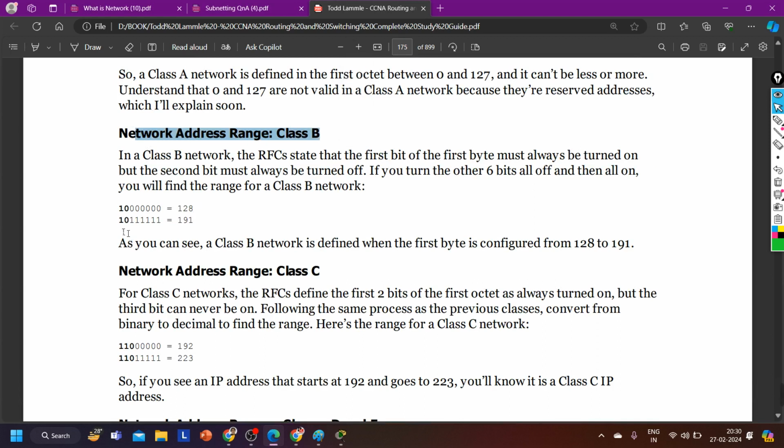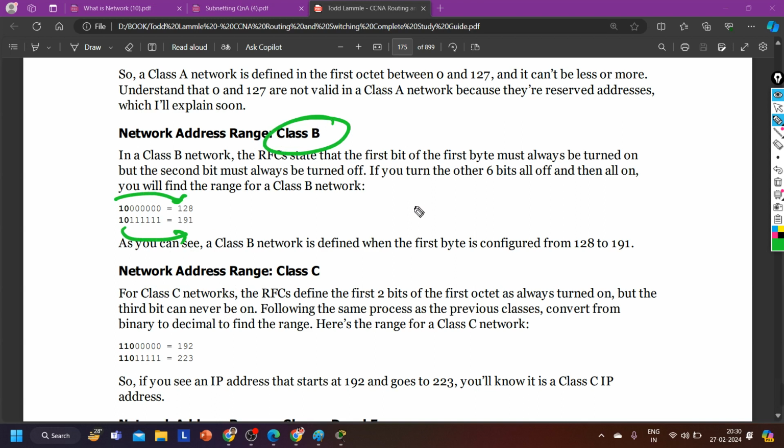For Class B, we have reserved 2 bits. The first bit will always be 1 and the second bit will always be 0. So that gives you this range. Now, how many networks can I design from Class B?